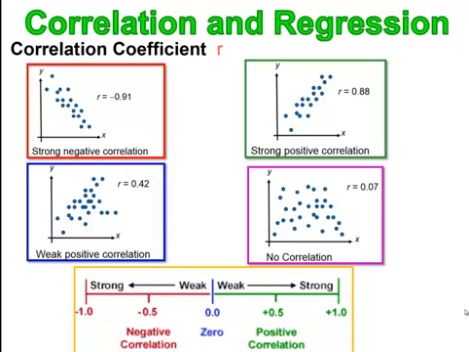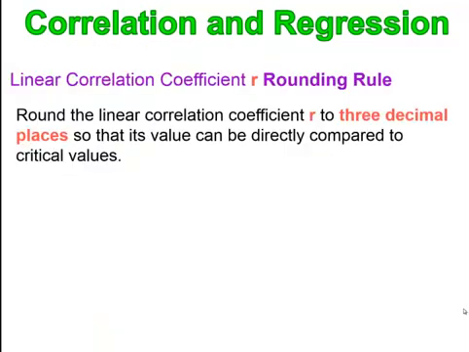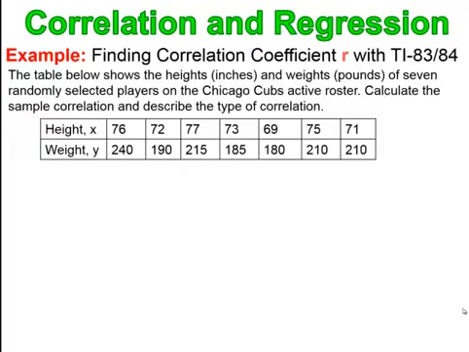From positive 0.5 to positive 1, it would be considered a strong positive correlation, but between 0 and 0.5, it's considered weak. So the linear correlation r rounding rule: round the linear correlation to 3 decimal places so that its value can be directly compared to a critical value.